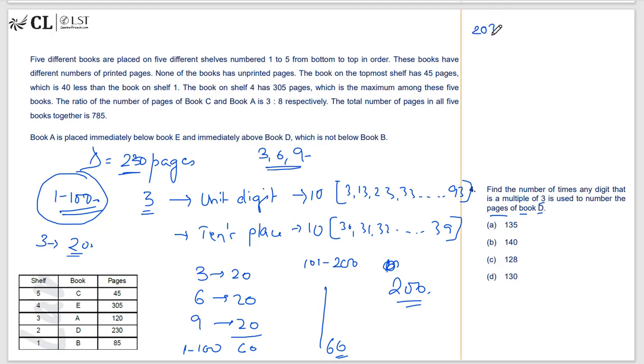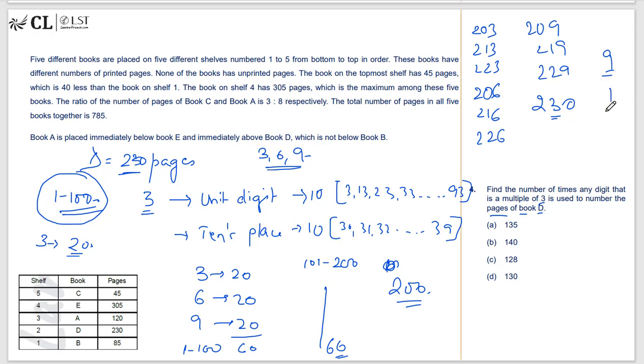So we could see 203, 213, 223. 3 has been used thrice here. Then 206, 216, 226, 6 thrice. 209, 219, 229, 9 thrice. And then in writing page number 230, I'm again using a 3 here.